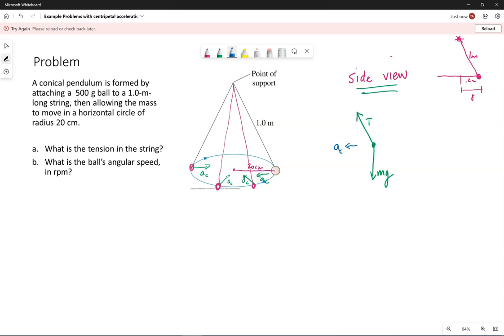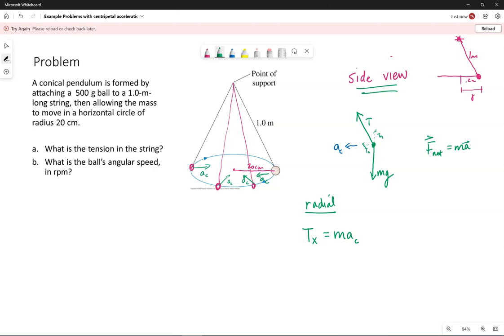So this tension force has an X component and a Y component. When we think about the net force needing to equal MA, in the radial direction specifically, it's the X component of tension that points to the left. So that has to be what is creating the centripetal acceleration.